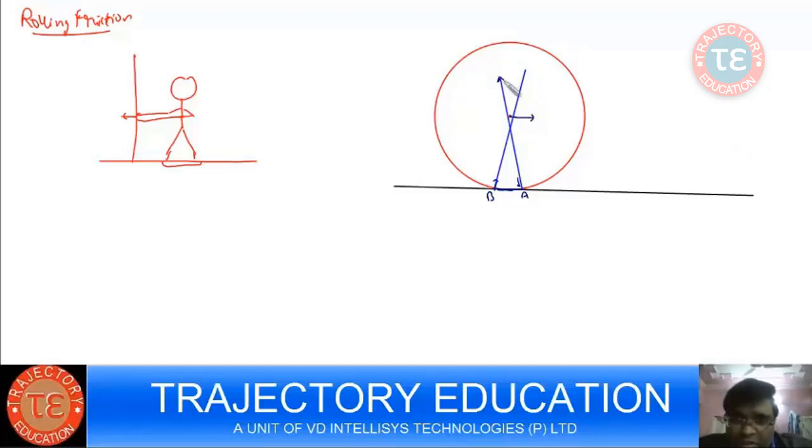So if this is normal reaction N1 and this is normal reaction N2, I can say that N1 is greater than N2. Then I can draw a dotted line over here.